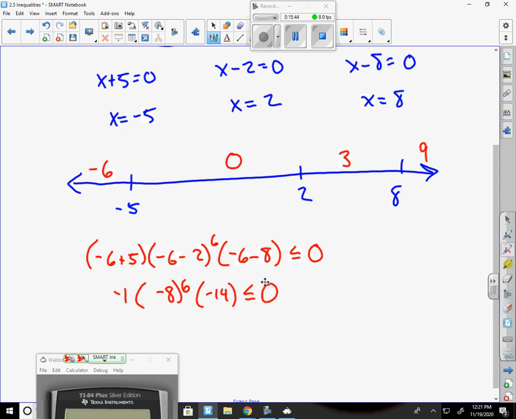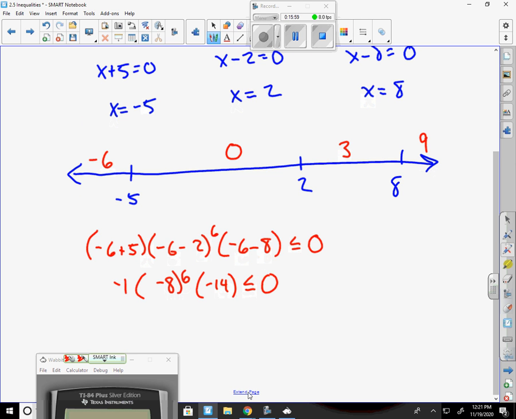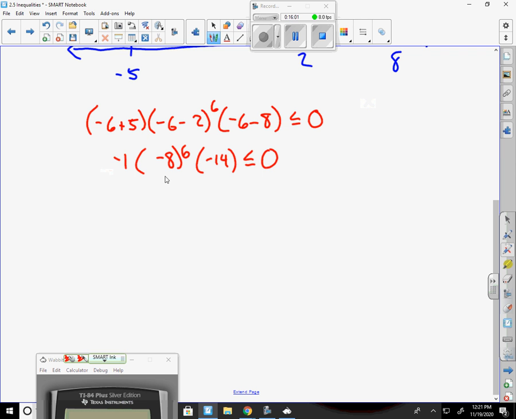If I was to multiply this number out, I would get a tremendously big number. Do I even have to multiply it out? Can I tell whether it's bigger or smaller than 0 without multiplying?